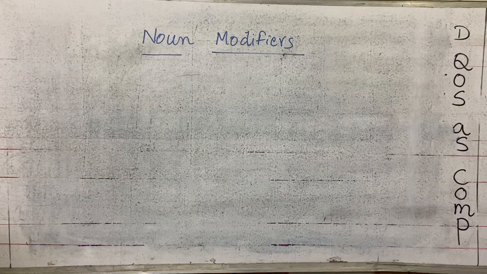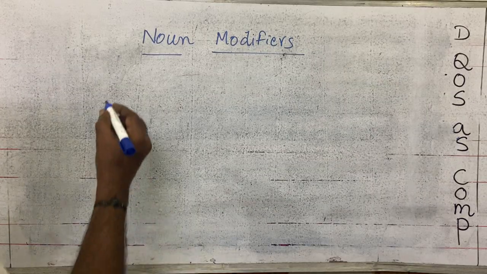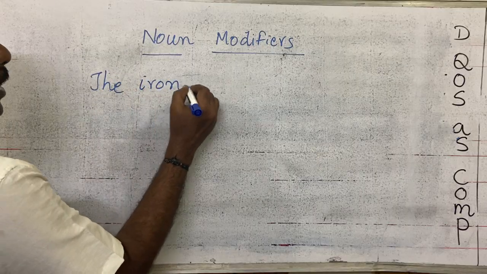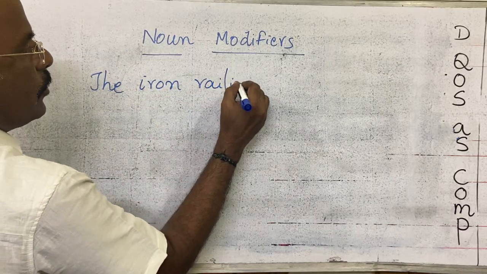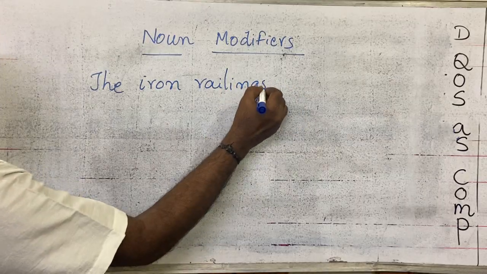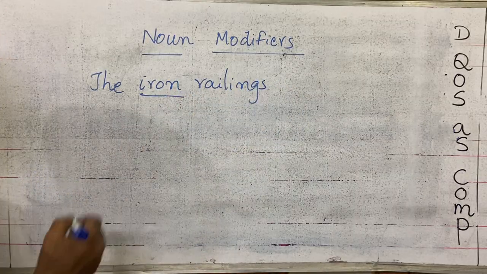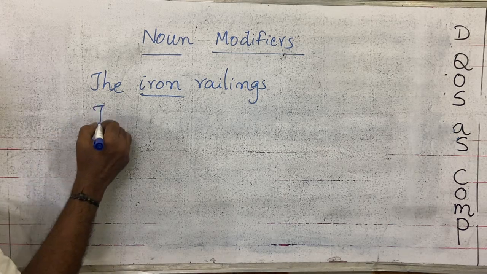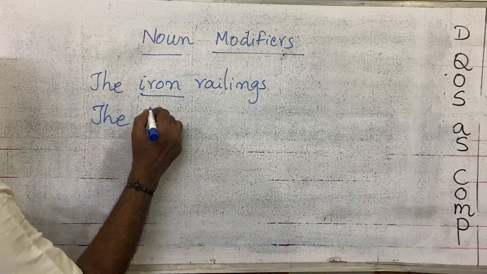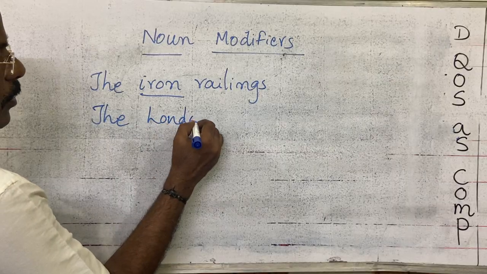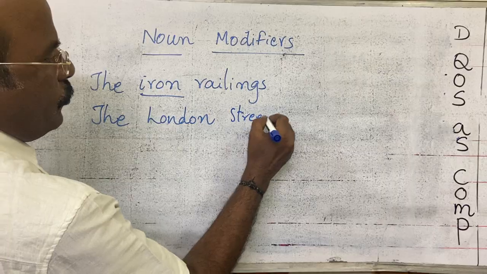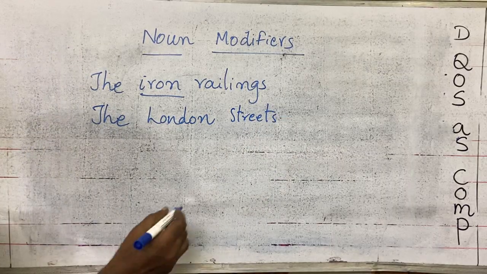For example, the iron railings. So, how are these railings prepared? With iron. Both are nouns itself. Like that, you can take the London streets.